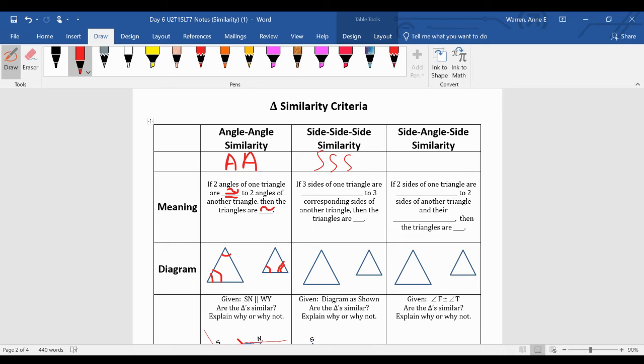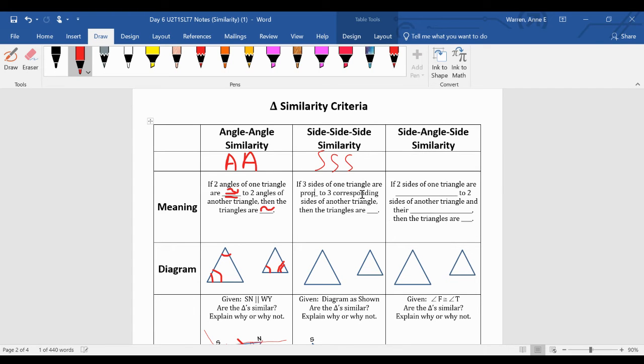You're going to typically have one smaller and one larger. So when we're looking at this, it's not about the 3 sides being congruent to each other. It's actually about 3 sides of one triangle being proportional to 3 corresponding sides of another triangle. And if that is the case, then you will know that the triangles are similar.